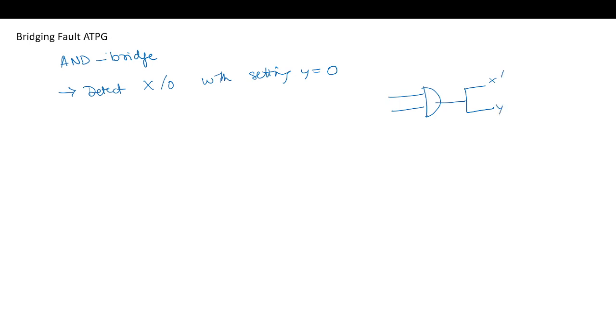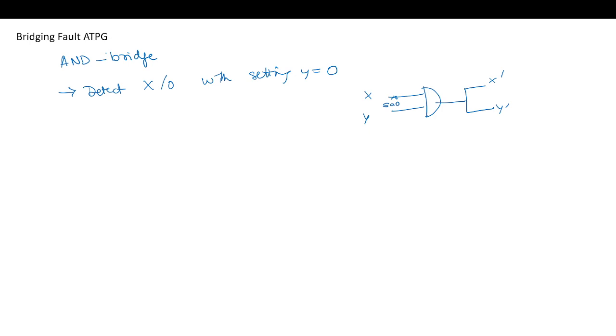If we consider an AND bridge, we can detect x stuck at 0 with setting y equal to 0. If this is x and this is y, this is stuck at 0.